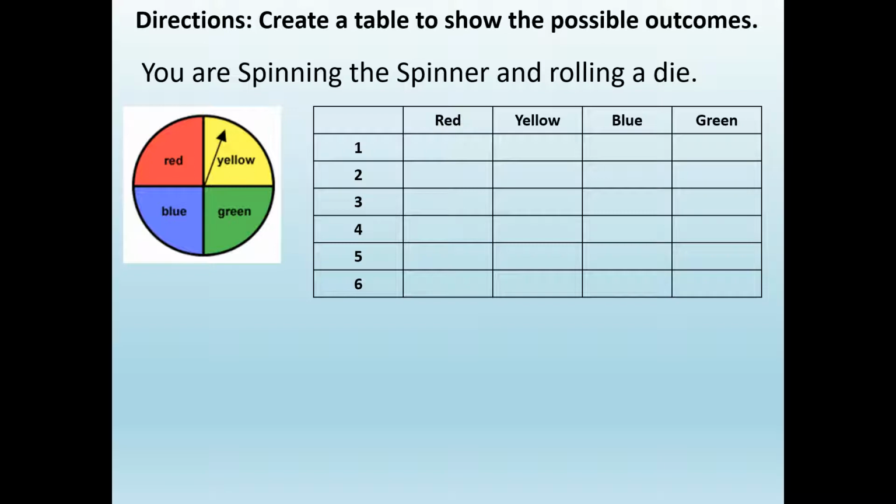Now, in order to come up with a chart, we're going to work down each column and across each row. So notice, first column, all of those outcomes are going to end up with a red in their outcome.